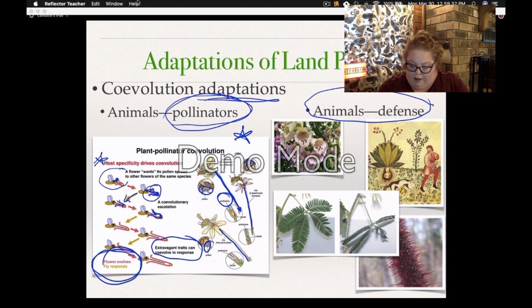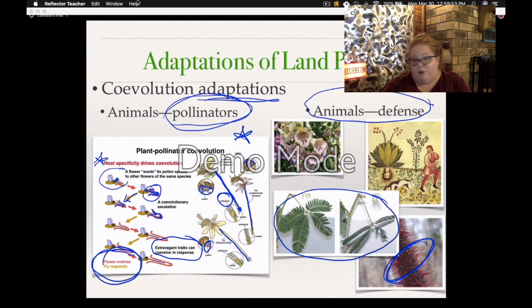And so probably the one that you guys would be most familiar with is going to be anything that has spines or stuff like that on them. So this is from a raspberry vine. But obviously cacti, things like that, those are defensive adaptations against animals. Another type is this here.